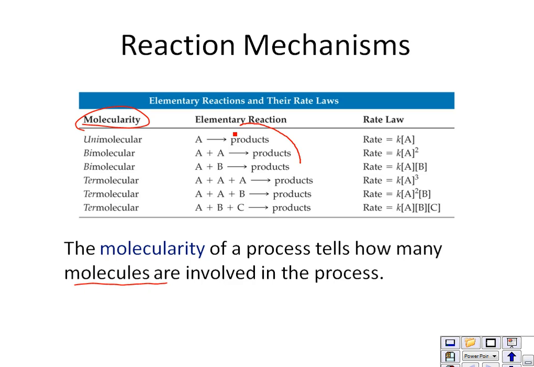See all these products? Rates don't talk about the products, they talk about the reactants. In this case, there's one, so it's unimolecular. In this case, there's two, so it's bimolecular. In this case, there's also two, it's two different ones, but it's still bimolecular. And then there's 3, 3, and 3, and those are termolecular. Okay?